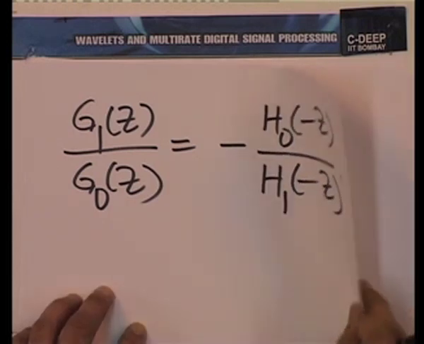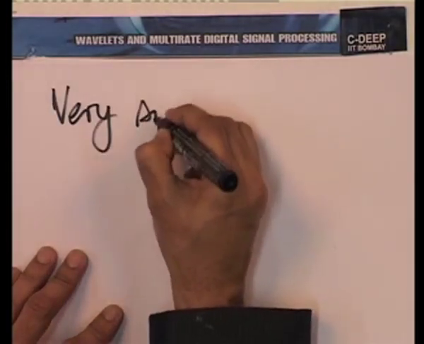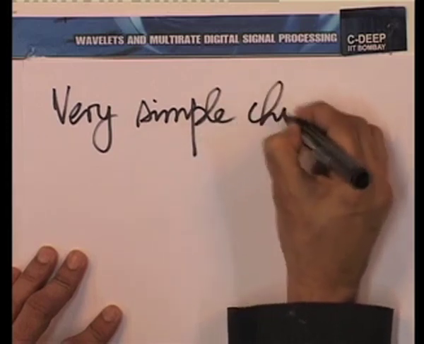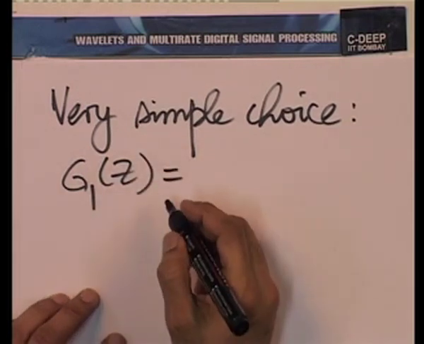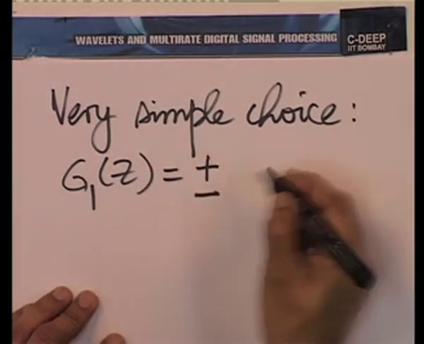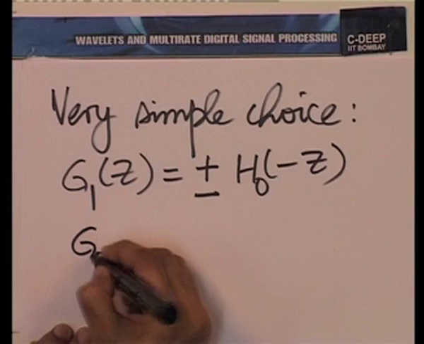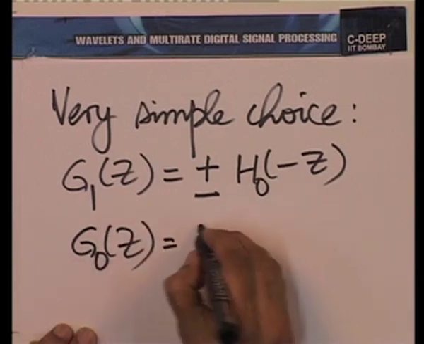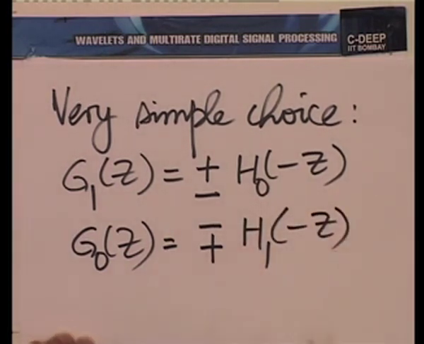And of course, a very simple choice is G1(z) equal to the numerator, let us say plus or minus H0(minus z), and correspondingly G0(z) is minus, respectively plus, H1(minus z). This is a very simple choice of synthesis filters from the analysis filters, which can give us alias cancellation.